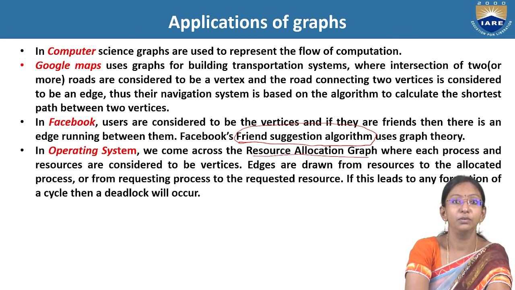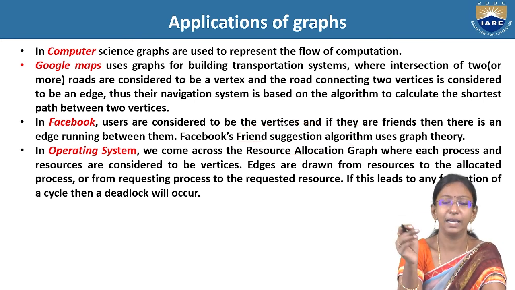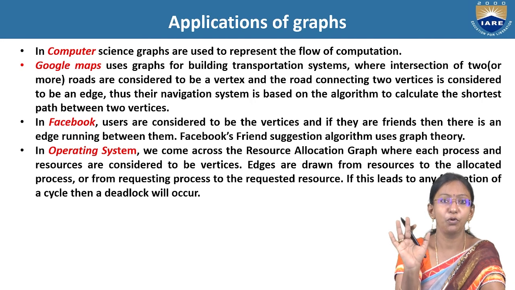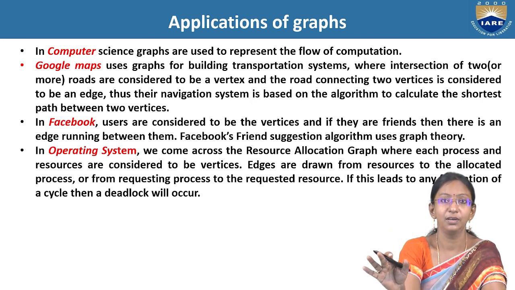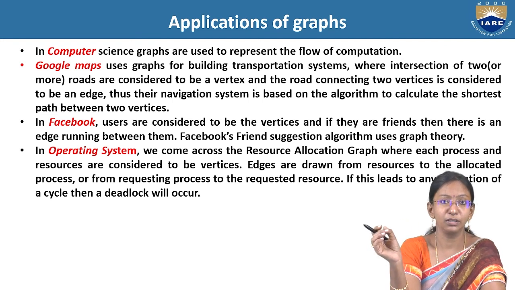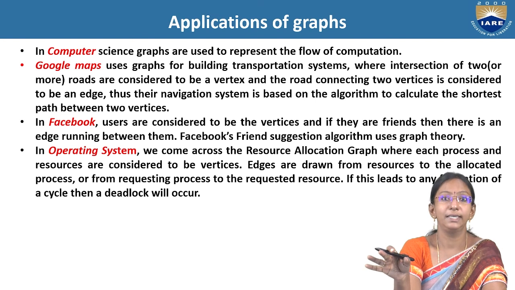So this is how graphs are used in various ways. Guys, if you look around yourself, you can figure out that every problem of your life can be resolved using graphs, right?